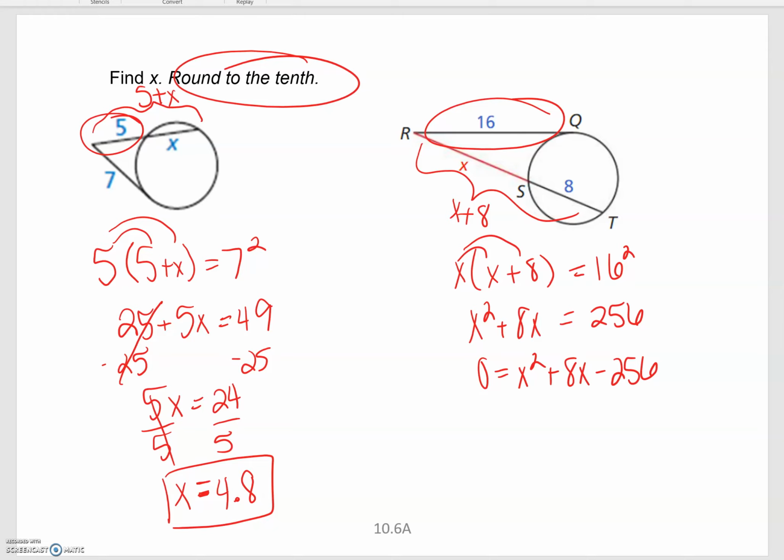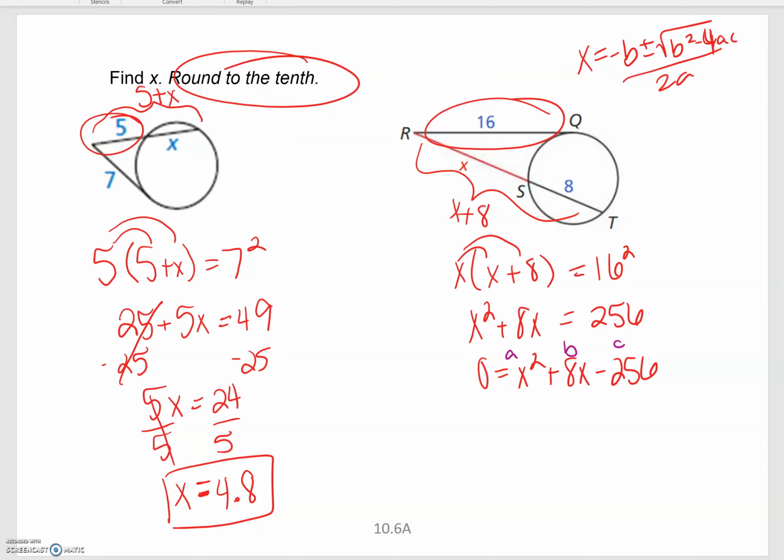So what we're looking for is to plug it into our quadratic formula. There are plenty of programs that do the quadratic formula, so remember if you have your graphing calculator, you can plug all of your a, b, and c into that formula. If not, then you can do it by hand.